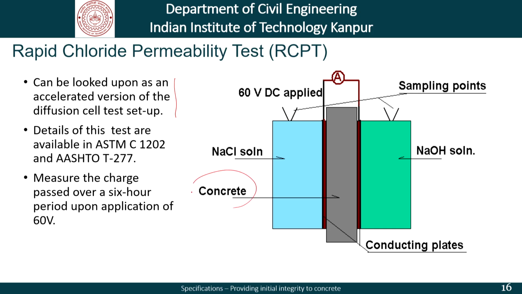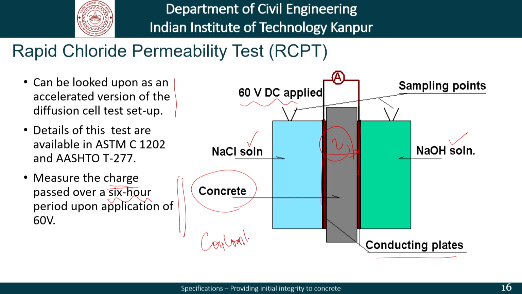Here too there is a concrete block, sodium chloride on one side, sodium hydroxide on the other, and conducting plates on the two faces connected to a 60 volt power supply. And what is done is the current that is flowing through this concrete is monitored, and the total charge that passes over a 6 hour period is what is measured, and that charge will be in coulombs.